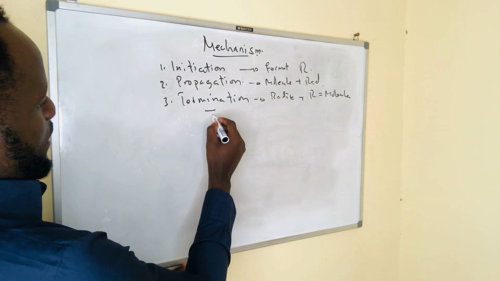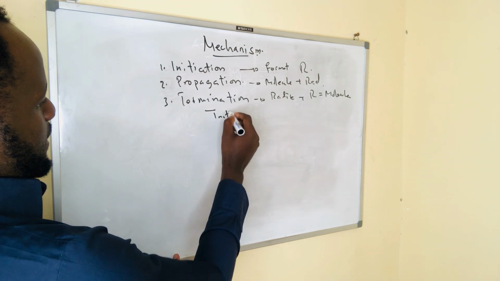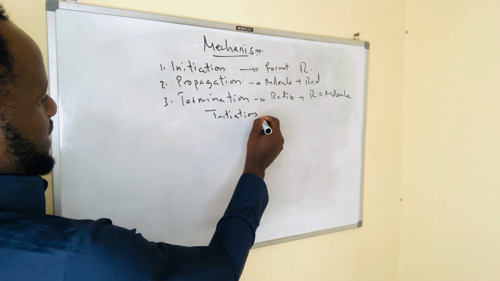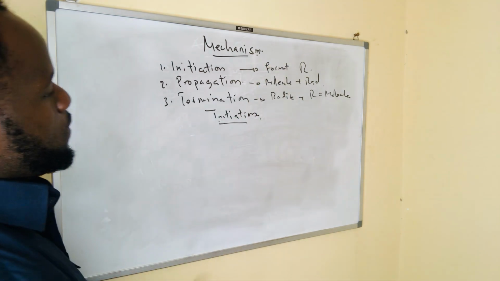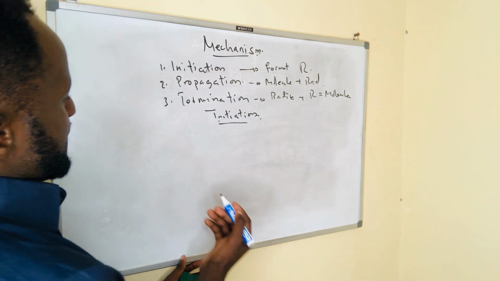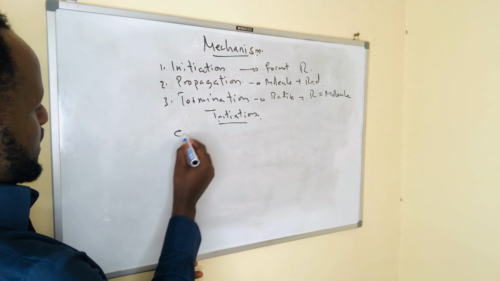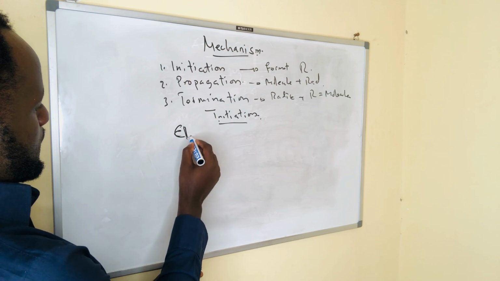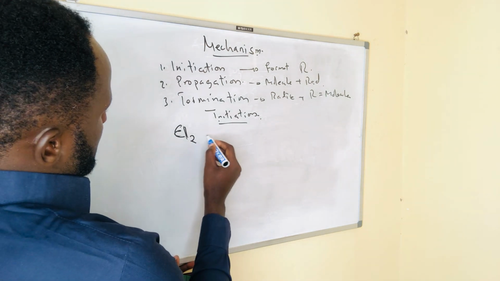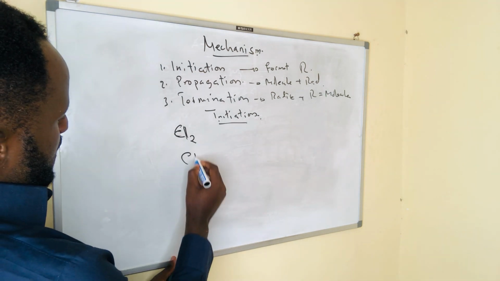So starting with number 1, the initiation step, we said this involves formation of radicals. So you take any member of halogens. Let's say we are going to use chlorine. So we need to write chlorine.